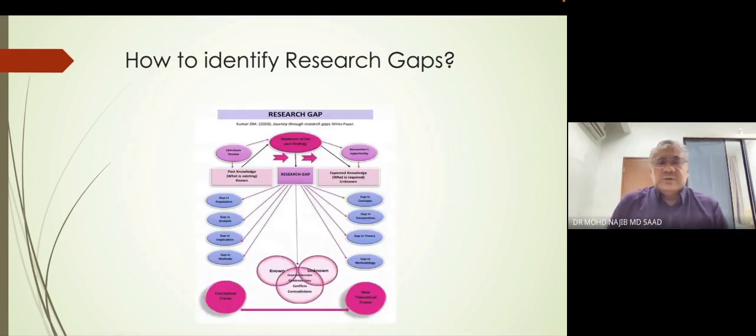So this is one model of how to identify a research gap, by Kumar 2020. How to identify a gap is by looking at the limitations of past findings, whereby we review literature. By reviewing literature, we are able to identify the past knowledge and the existing knowledge.